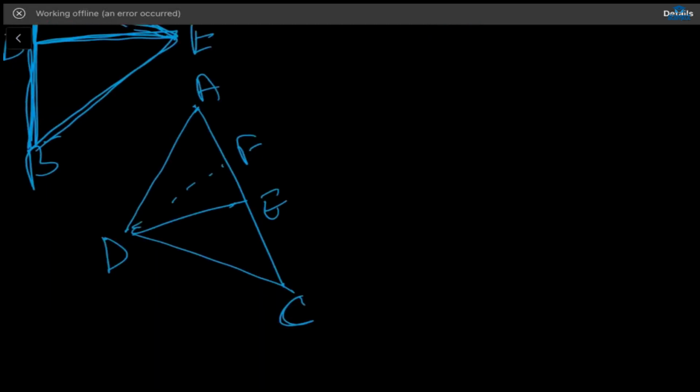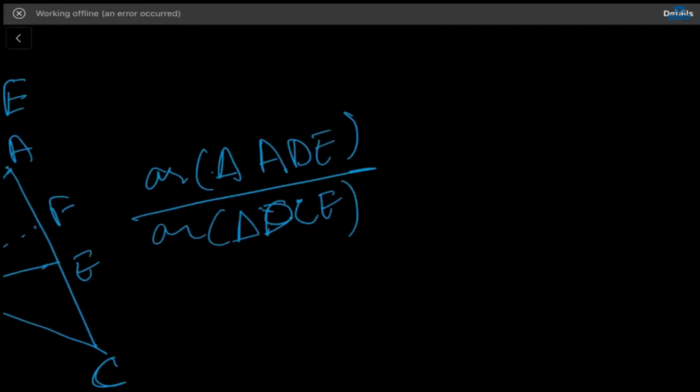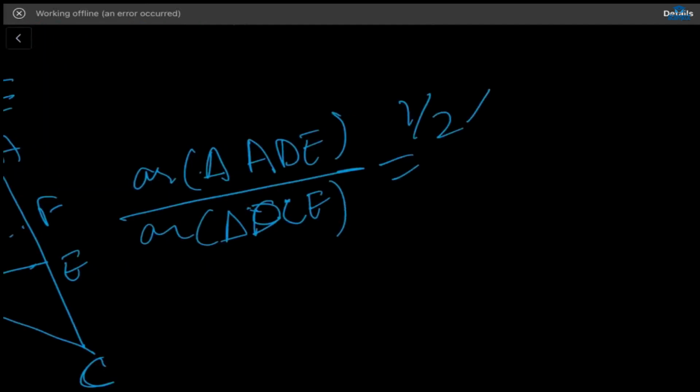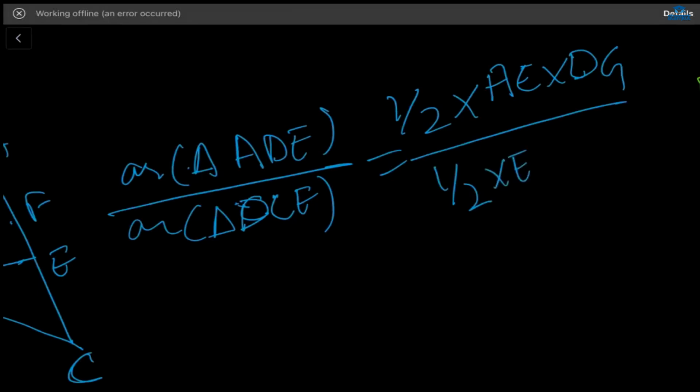Again, it can be written as area of triangle ADE by area of triangle CDE. So how can you write it? Again, half base into height: half base will be AE and height will be DG. Again, half EC multiplied by DG. So again you can cancel DG and half, and you get AE by EC.